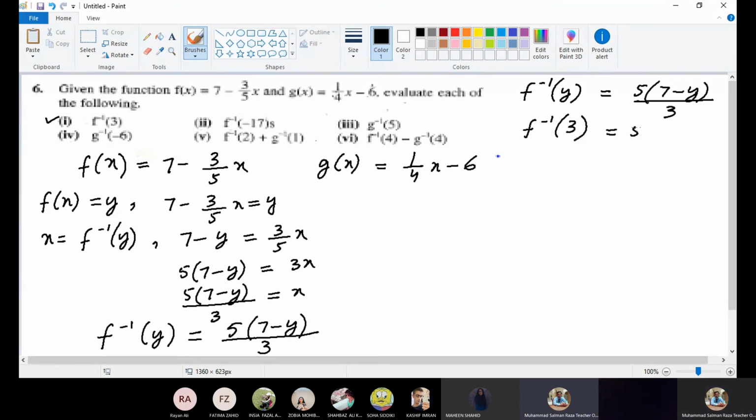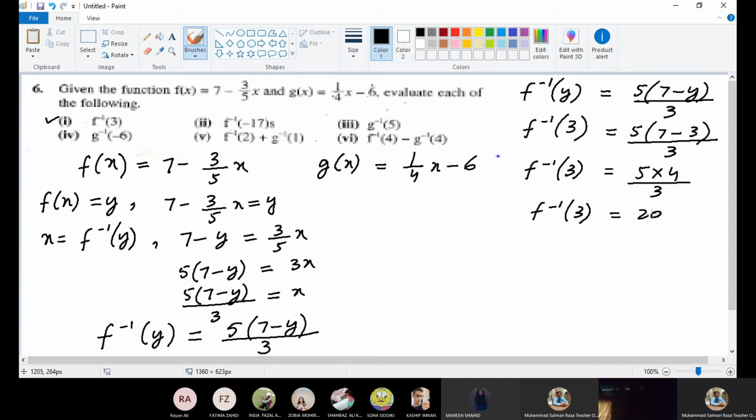So it is going to become like this, and then 5 into 4 upon 3, which is 20 over 3, which becomes 6 whole number 2 upon 3. So 6 whole number 2 upon 3 is the answer of the question.